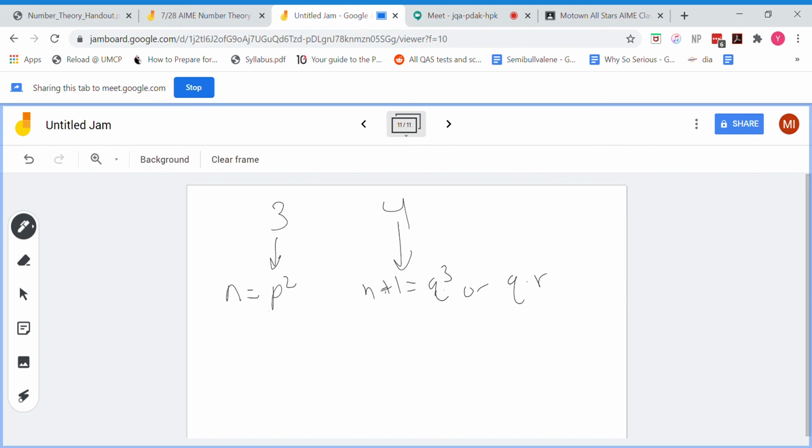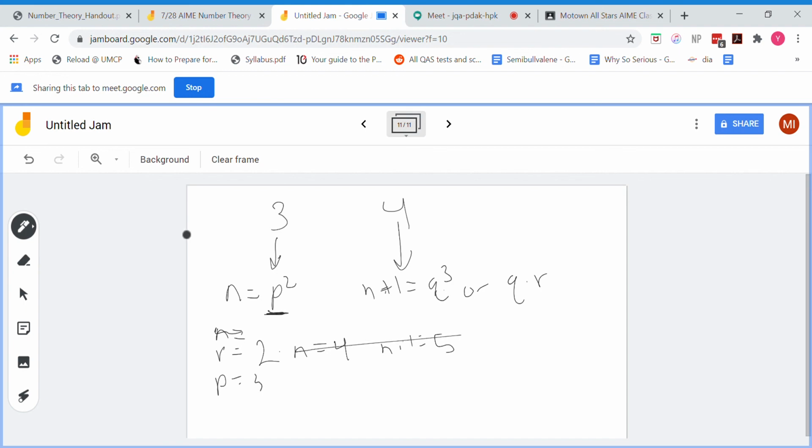So we can start by counting using the perfect squares. If p equals 2, n equals 4, and then n plus 1 equals 5. That obviously doesn't work.